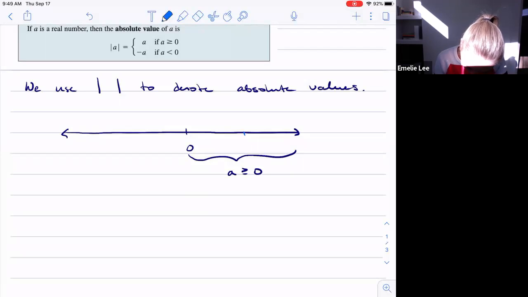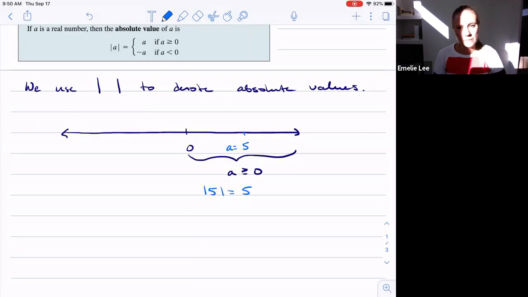Let's switch that to 5. Over here, A can be any value in this region, including 0. It'll just stay the same. So the absolute value of 5 is 5.